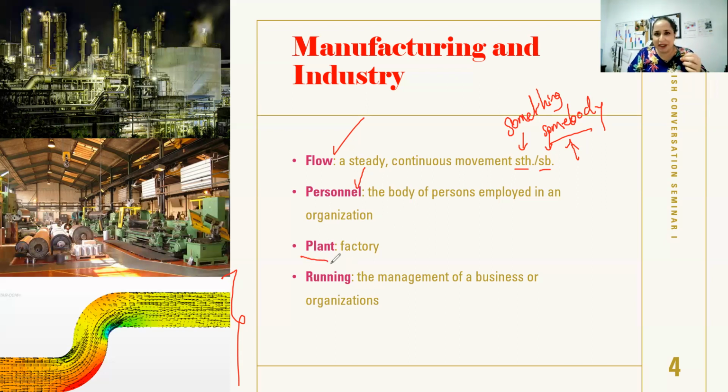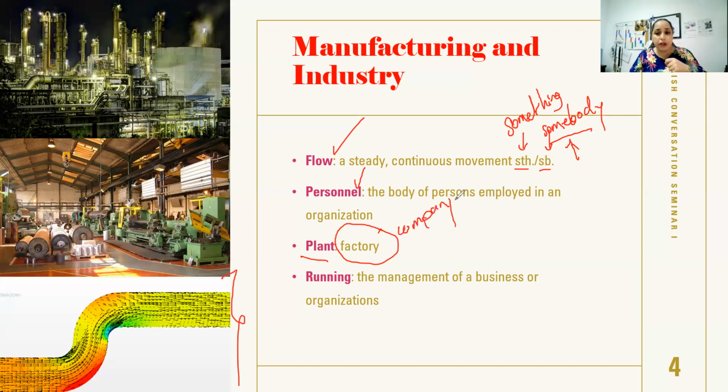Plant. Very similar as we use it in Spanish. Plant. Factory. The place where you go to work. That's a plant. And it's the most common word to use. Yeah, we have been using this one as the common one, but that would be a little more formal: factory or company.